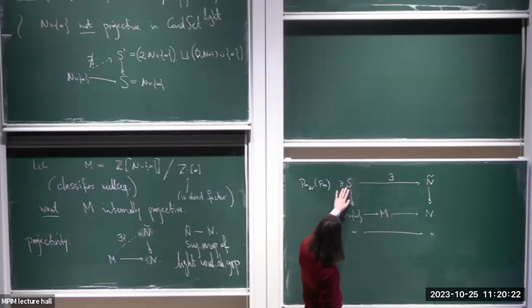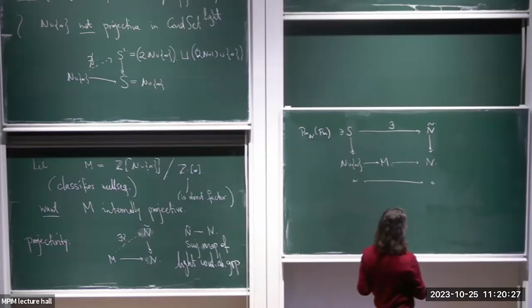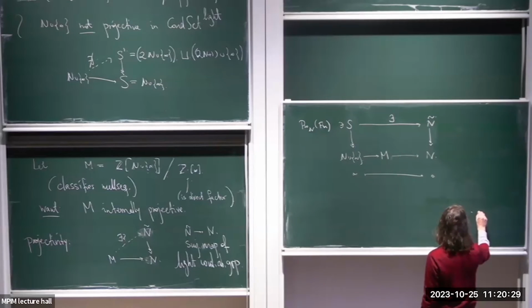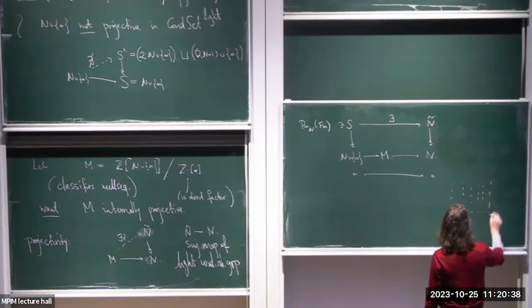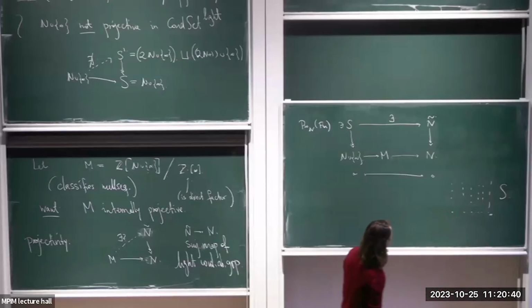Okay. Now, how do covers of N union infinity look like? So N union infinity is like you have a discrete set and then it accumulates towards infinity. And now a priori you have like some complicated S upstairs here.